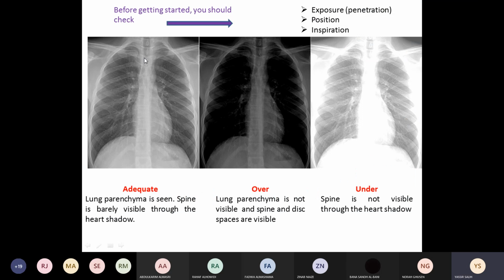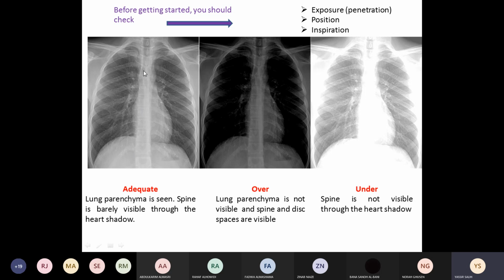You have to look at the spine behind the heart. This gives you a clue. You did not attend the technique, but you can guess and determine if this chest X-ray was done with a good amount of radiation or not.